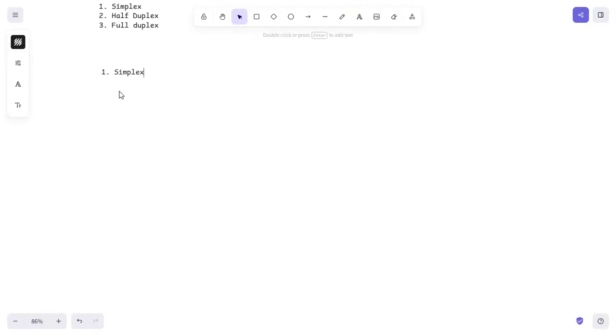Now, what is simplex? Simplex means the message goes only in one direction. You cannot reply back. Have you used a radio? In radio, once you select any channel, it starts sending the messages. You are not communicating with the radio.